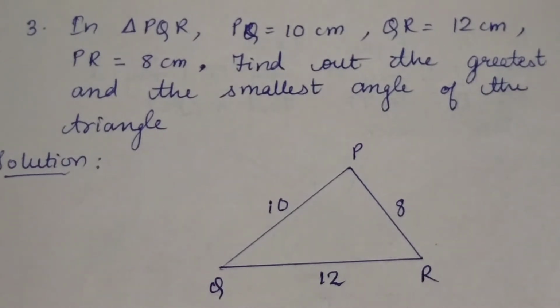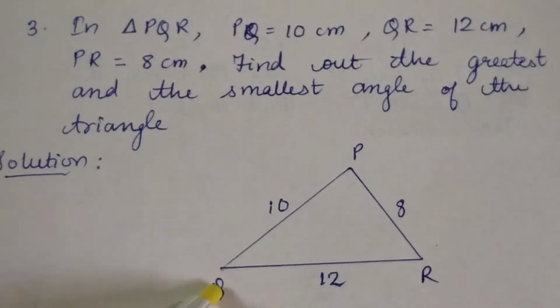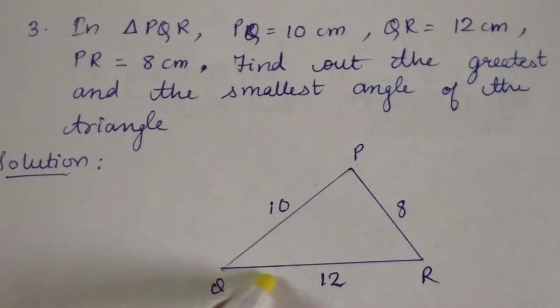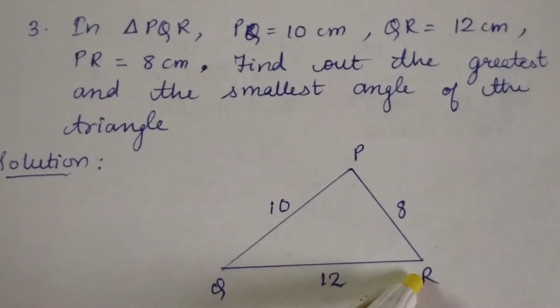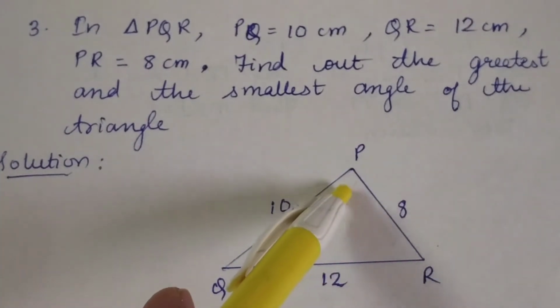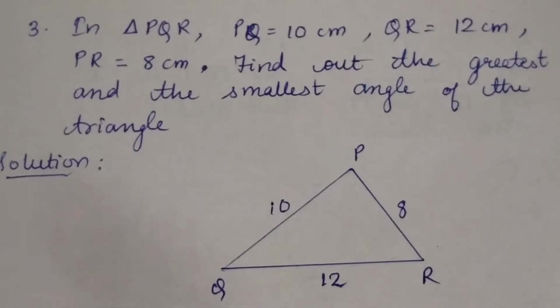There are three angles here, P, Q and R. Q is here and R is here. Which is the angle opposite to this side? It is P. That means if QR is the greatest side, then the opposite angle P is going to be the greatest angle here.